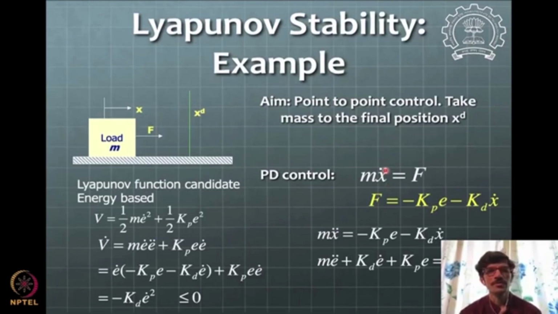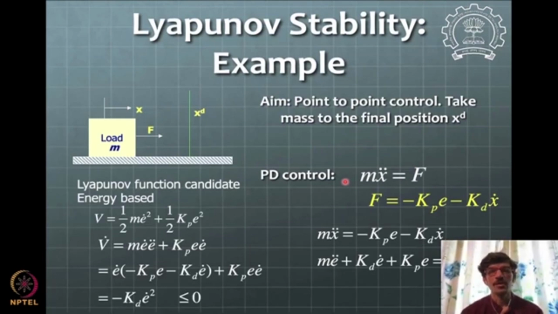So x1 dot equals x2 and x2 dot equals F by m. This is how I can define that system. But for such simple systems, we can directly work with the basic system itself, understanding that our state has x and x dot.